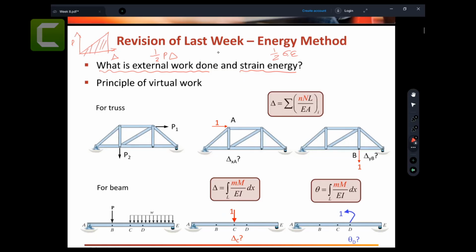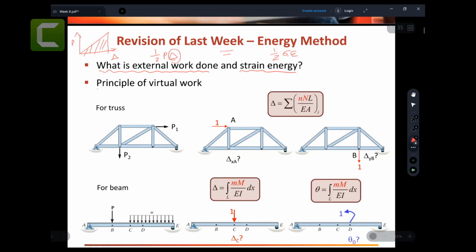Then you can set external work done equal to internal work done and calculate the force. But this method has a limitation: it can only be used at the point where the load is applied. That's where you find the deflection.